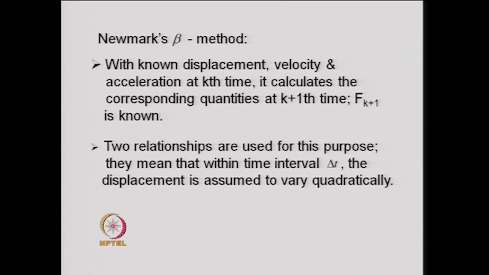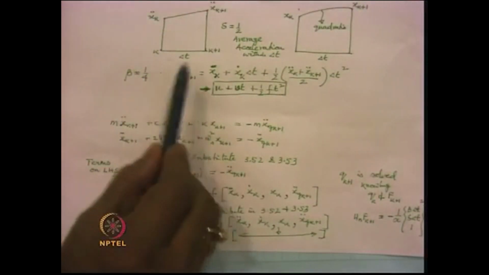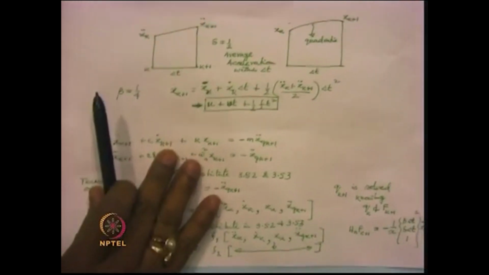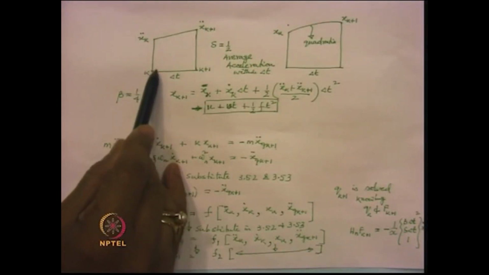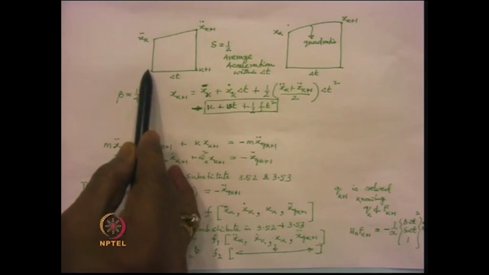Next is the Newmark's beta method. In the Newmark's beta method, we again solve the problem numerically using a time marching scheme, that is you try to find out the response at time step k plus 1 with the help of the response at time k, which will be taken as known.